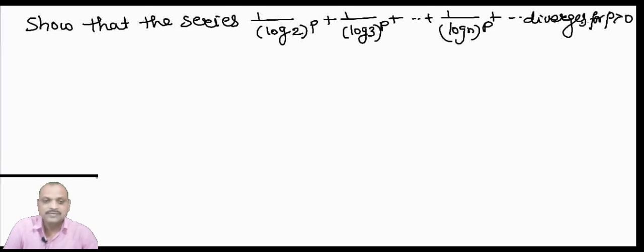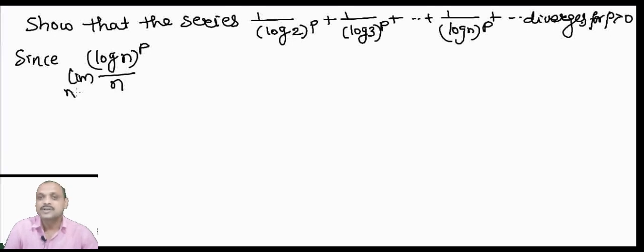Now we know a very important limit form: log of n raised to p divided by n, as n tends to infinity, is equal to 0.